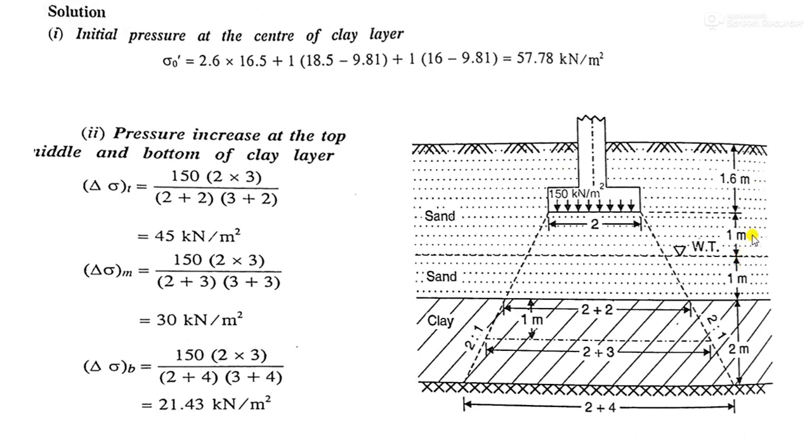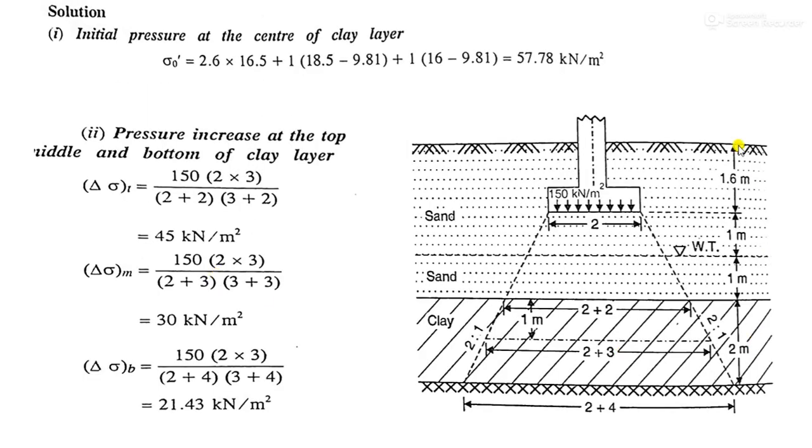Above the water table, the overburden pressure or self weight of the soil is 1.6 plus 1, that is 2.6, into 16.5, the unit weight of the sand, plus 1, this depth, into 18.5 minus 9.81.